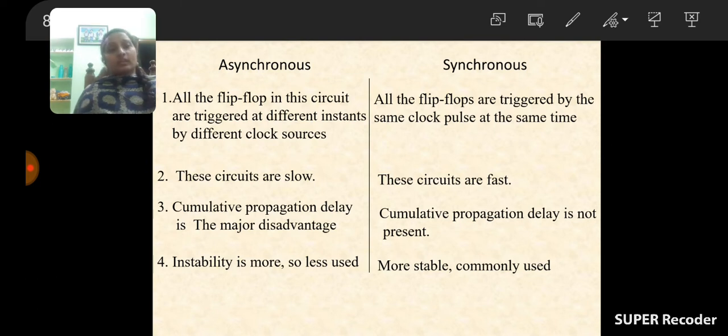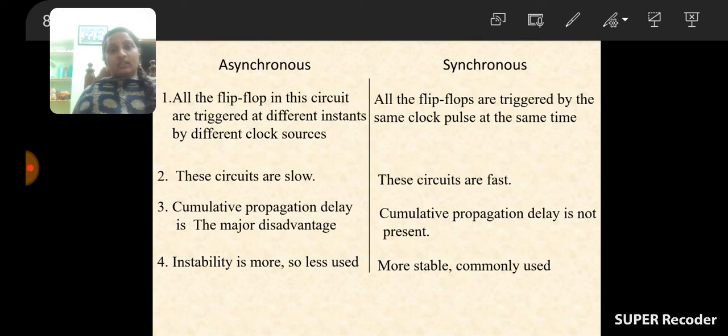But in synchronous, there is no delay, because the clock pulse is applied to all the flip-flops at the same time. In asynchronous, the output of the previous stage acts as the clock pulse for the input of the next stage. But in synchronous, the same clock pulse is applied to all the flip-flops.